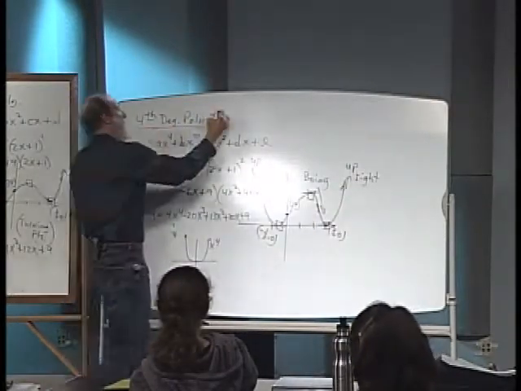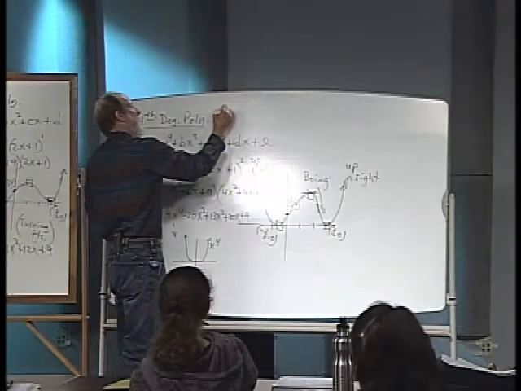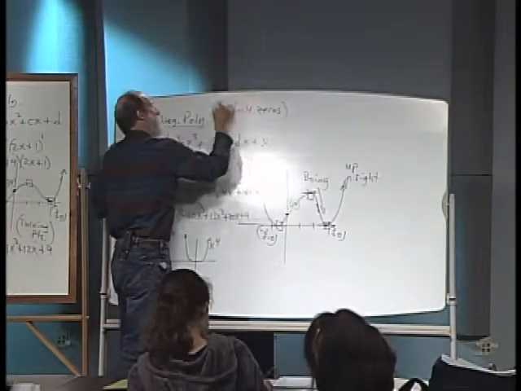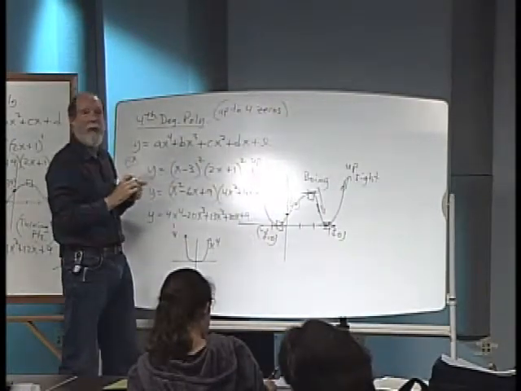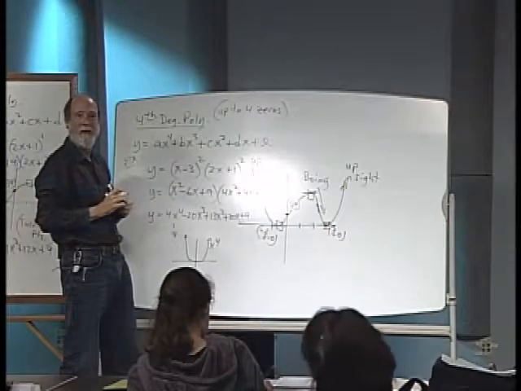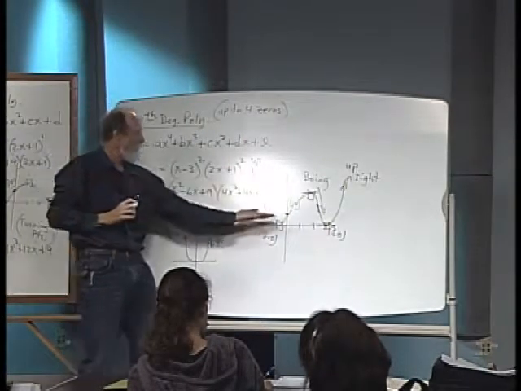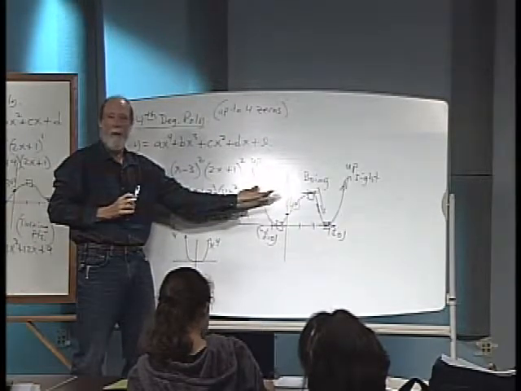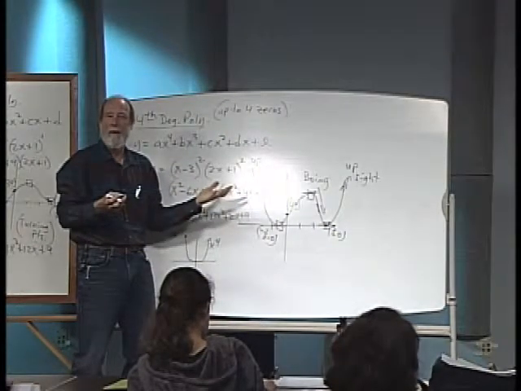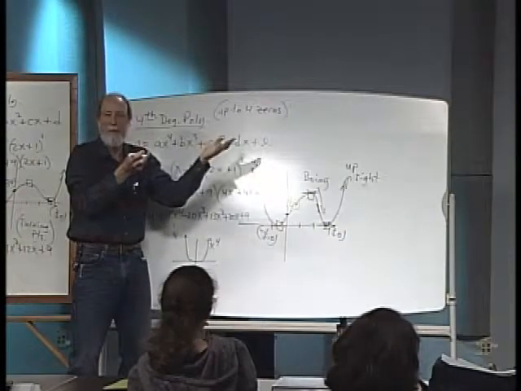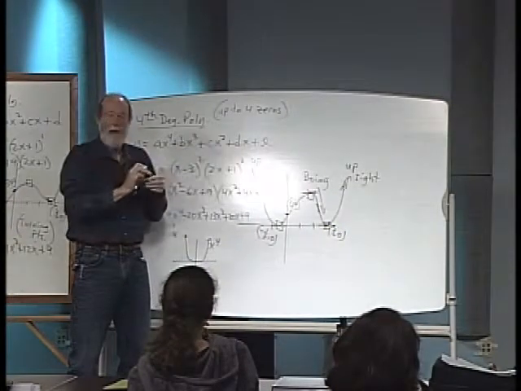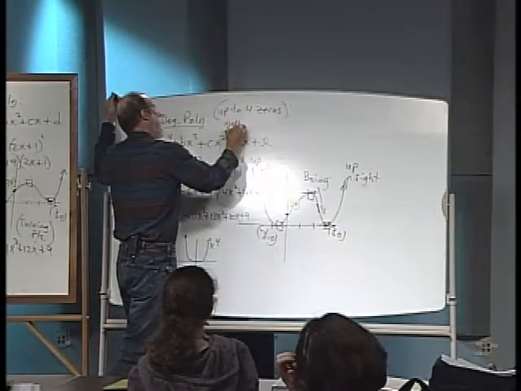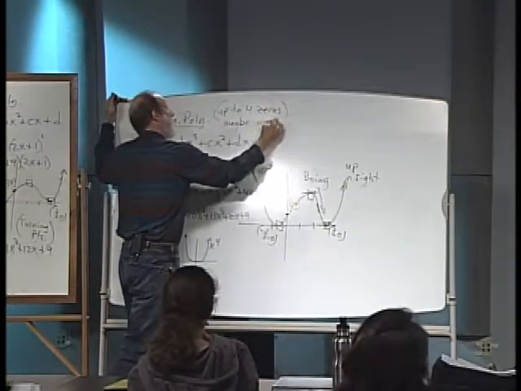So a 4th degree polynomial could have up to 4 zeros. How few could it have? None. What if I raise this graph up a little bit? Never hits the x-axis. What if I took a parabola and lifted it up so it doesn't hit the x-axis, right? Okay. Maybe no zeros.